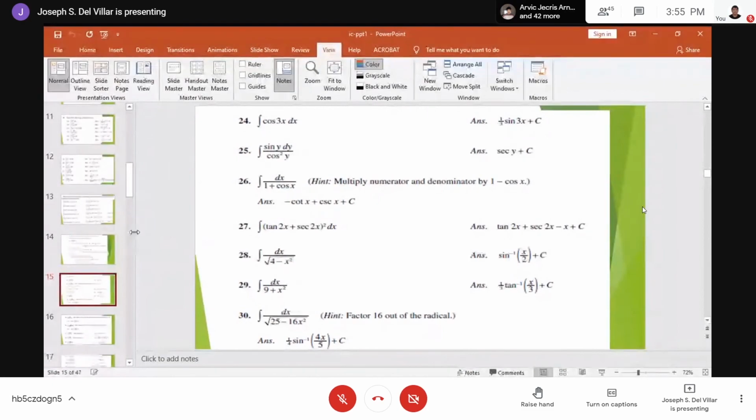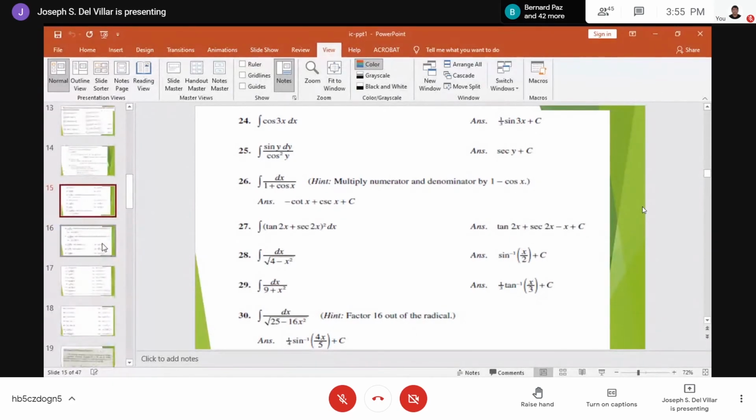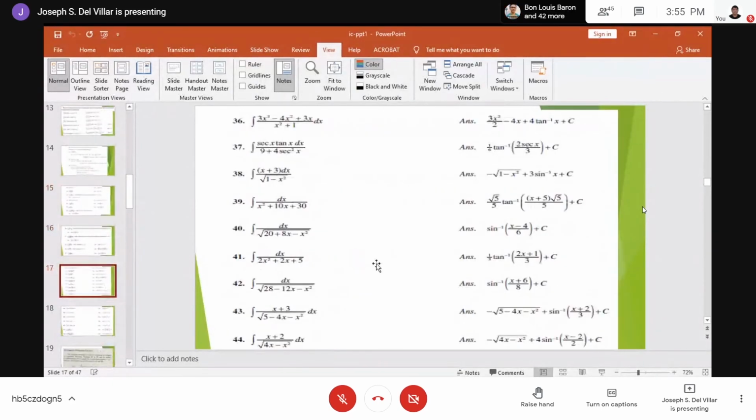And then, try to study the rest of the slides, no? Yung hindi natin natapos. Huwag nyo lang intindihin yung may mga inverse. Hindi ko pa kasi na-discuss yan, no? Pag may mga answer dito na may inverse, huwag muna yan, no? Kasi hindi pa natin na-discuss.